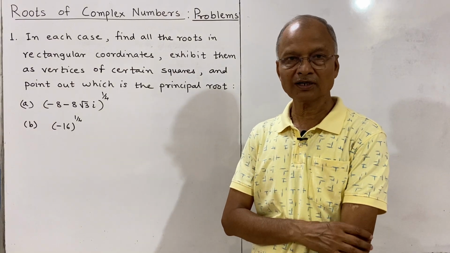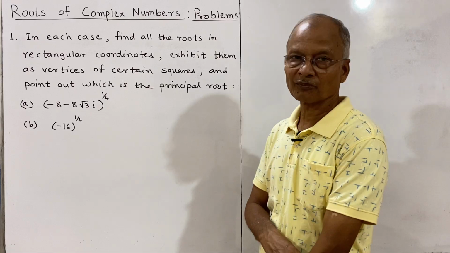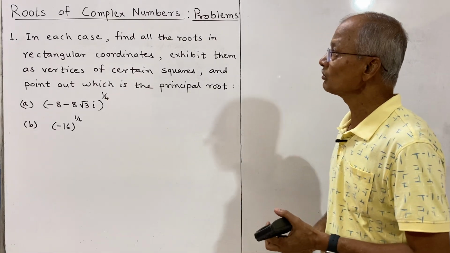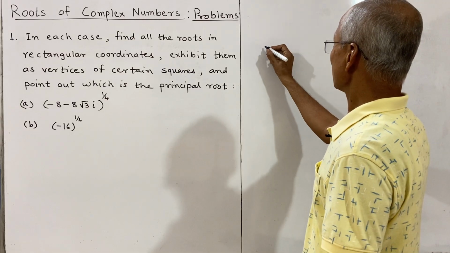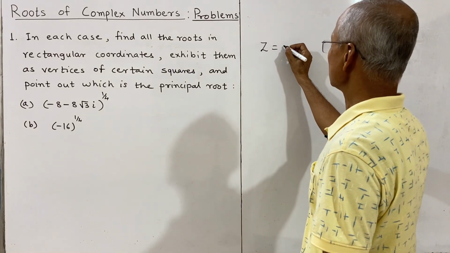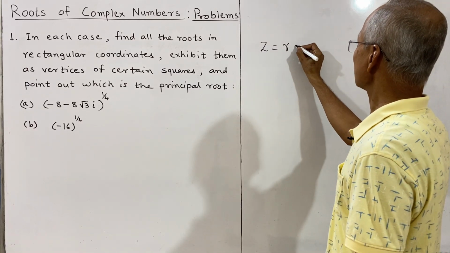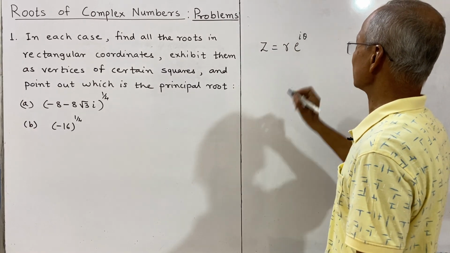Earlier, we have studied how to find roots of a complex number. There we have written a formula also. To find roots of a complex number, the complex number is written in exponential form, that is, z is written as r e^(iθ).